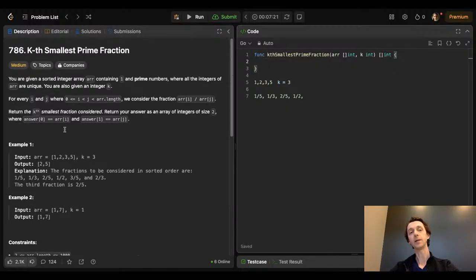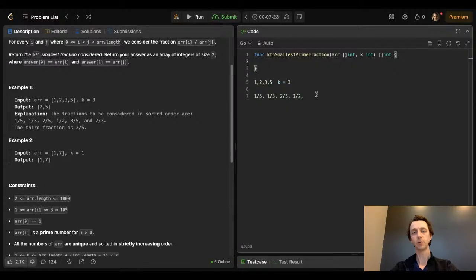So now I'm thinking, should I do the n squared solution, because it's pretty simple. It's just list all fractions, sort all fractions, and take and return that fraction.